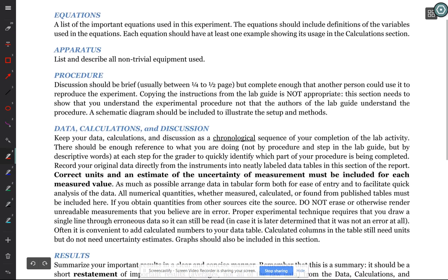Next, the equations. Any equations you're going to use in the lab. For today's lab, because I've cut things off, there are no equations. But you list every equation you're going to use and make sure you define the variables in those equations. Also, for every equation that you use, down in the calculations, you need to show one example of using that equation.